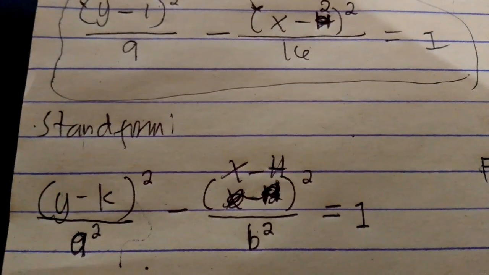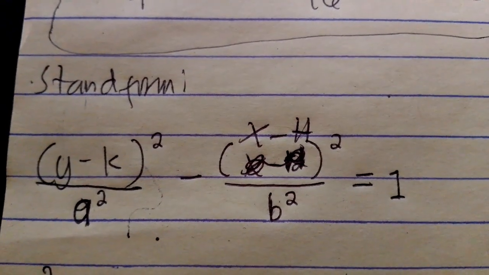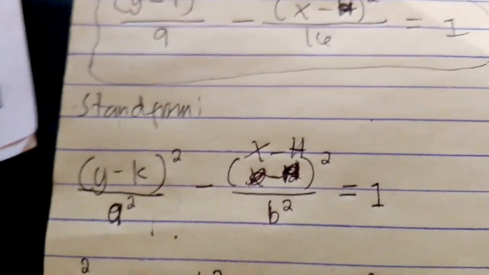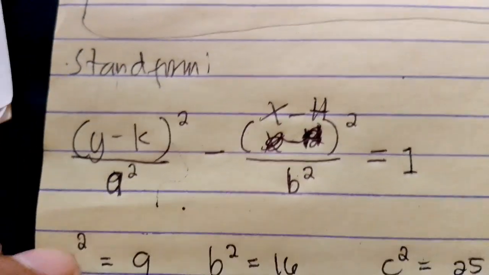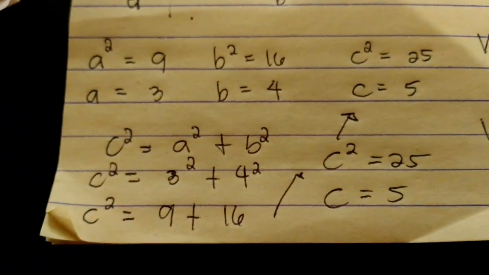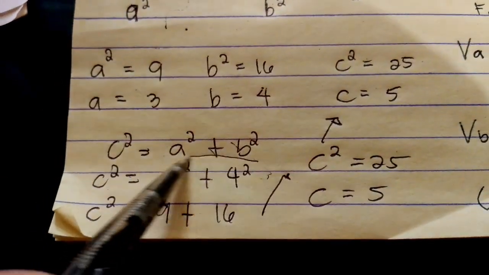Look at the standard form. We can see we have a variable a and a variable b, but we need the variable c. So to find the variable c, we can use the Pythagorean theorem.